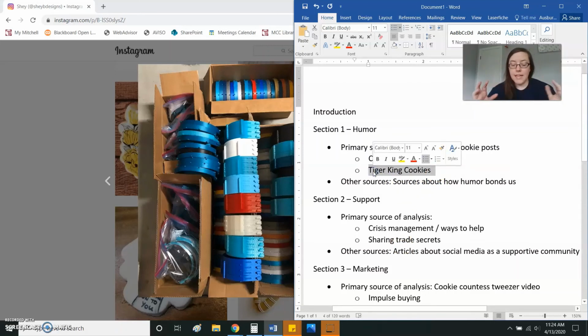I want to say that the users of social media within this cookie community are using humor in order to build a supportive community, ultimately to market a product. And because of that, it's fair to say that social media uses humor to sell impulse purchases, or things that would be considered impulse purchases.